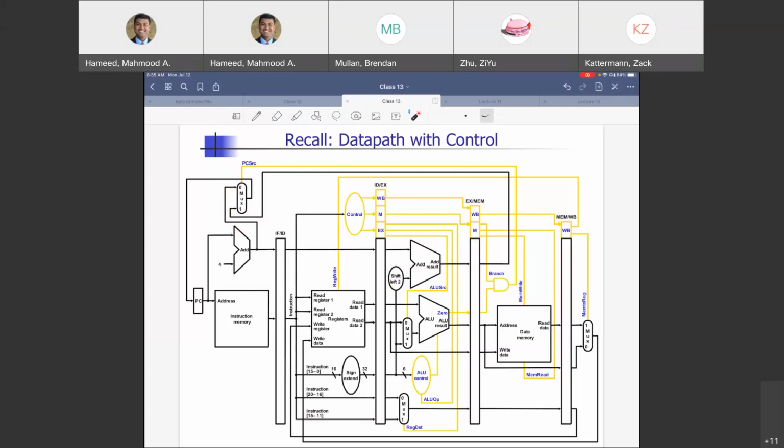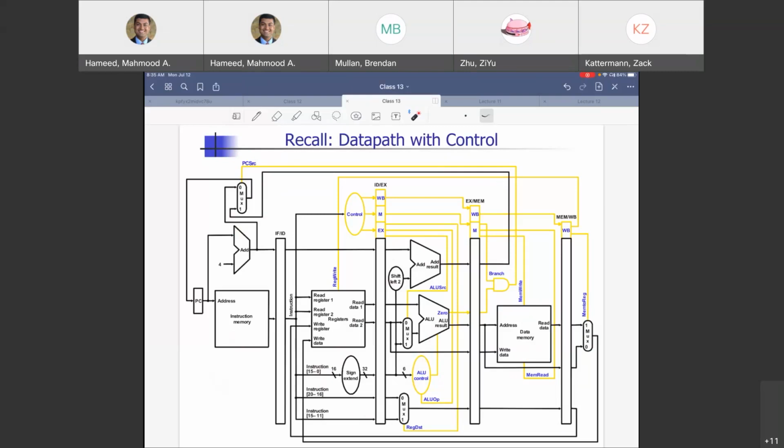Let me ask you guys this. There are 5 stages of the instruction: instruction memory, register access, ALU, data memory, and write back. Of these 5 stages, in which stage do you actually know the branch?